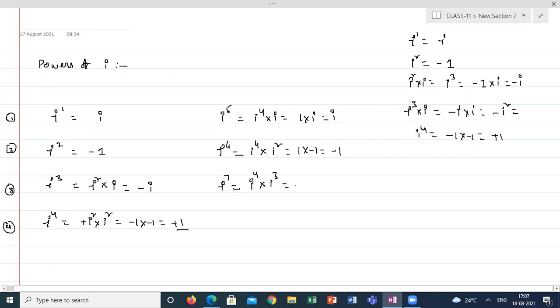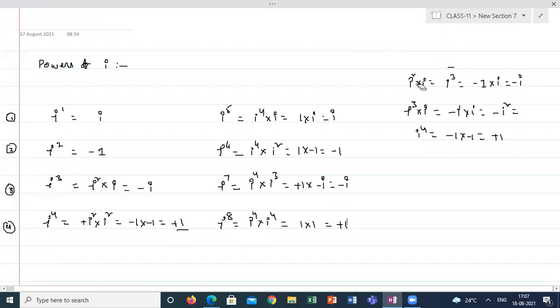We know i power 4 is plus 1, i cube is minus i, so this is minus i. i power 8 is i power 4 into i power 4, that is 1 into 1, plus 1. So it's kind of a sequence.